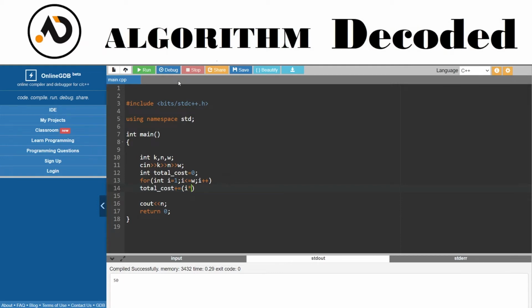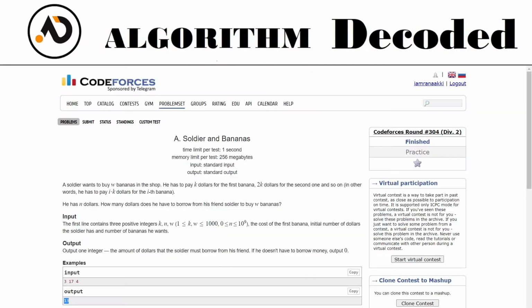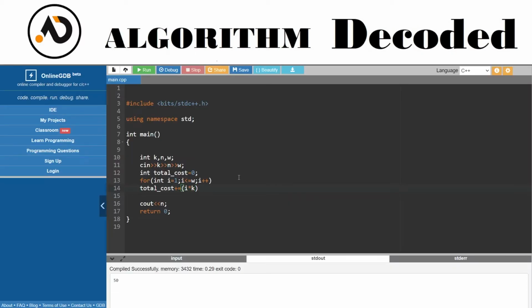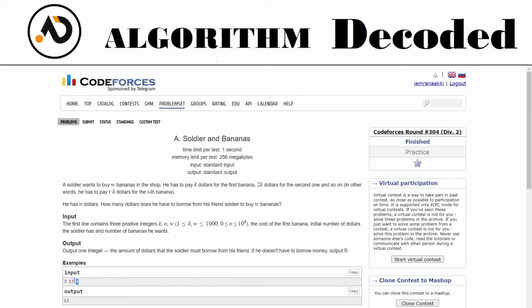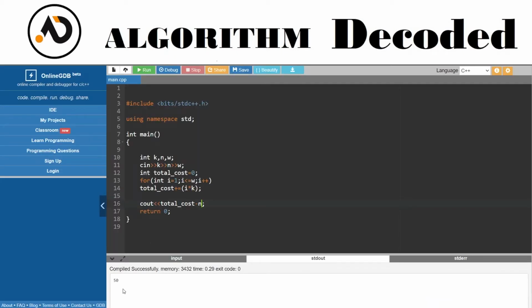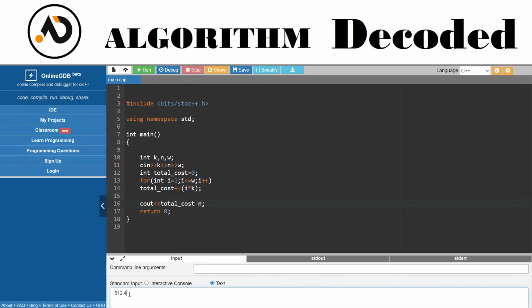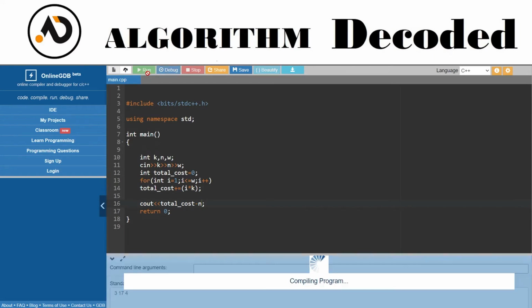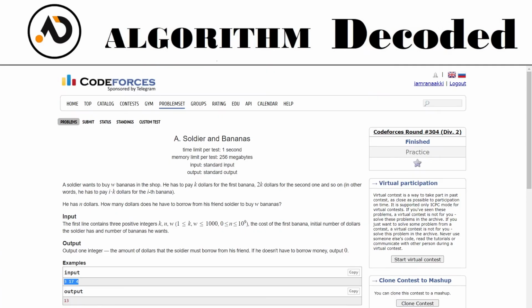Cost of one banana is K. Am I right? Yeah, so K is the cost of the first banana, right? And after that we need to print the money he needs to borrow, which is total cost minus N. So let's try running it. Give this input. Showing 13, which is correct.